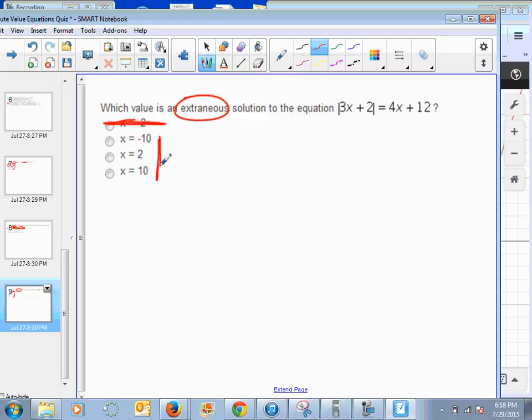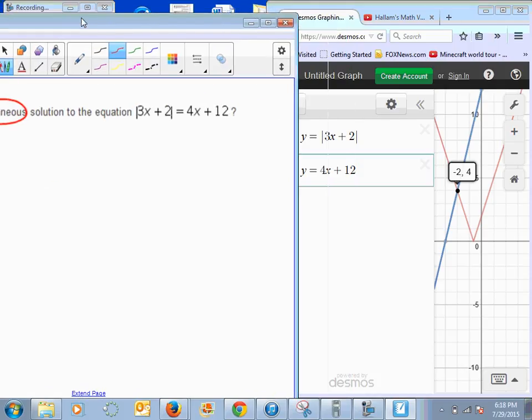Let's just take a stab at something. Let's start here with this one, x equals 10. And what we're going to do is plug 10 into this equation here.